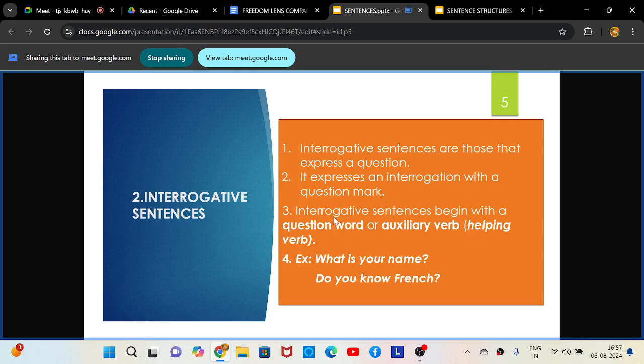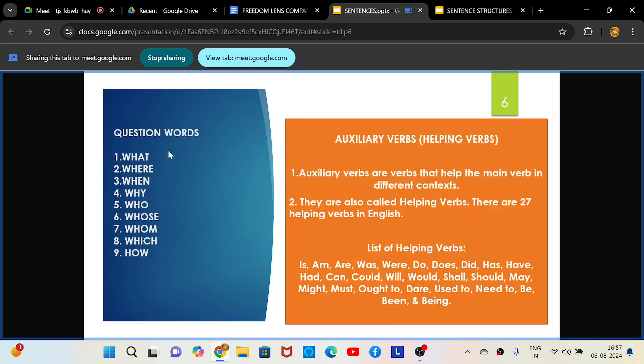So how do we write interrogative sentences? Interrogative sentences begin with a question word or an auxiliary verb, also called a helping verb. Let me tell you what is meant by question words. Can you see a list of words in blue color from 1 to 9? What, where, when, why, who, whose, whom, which and how. These are called question words. There are 9 question words in English.